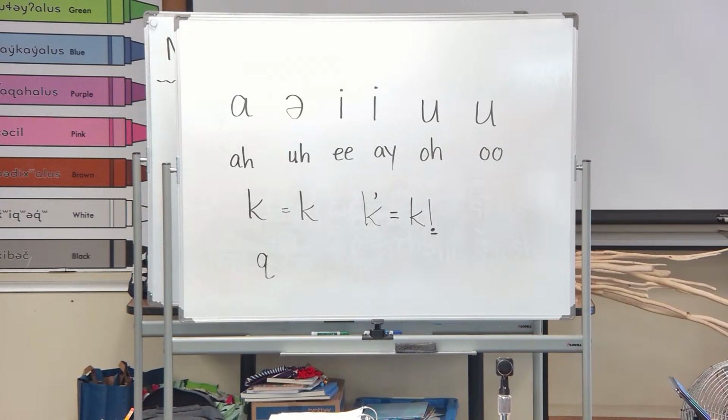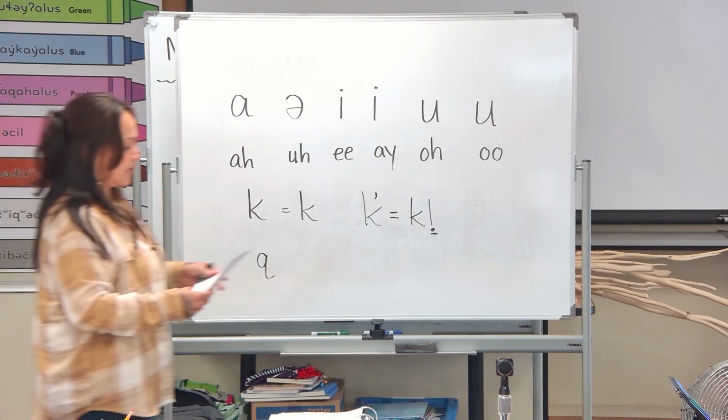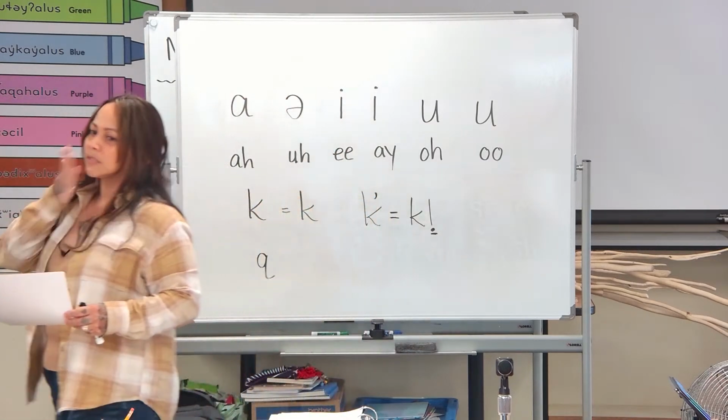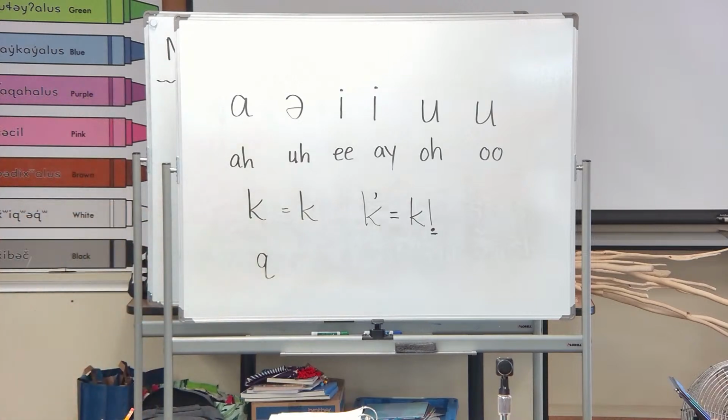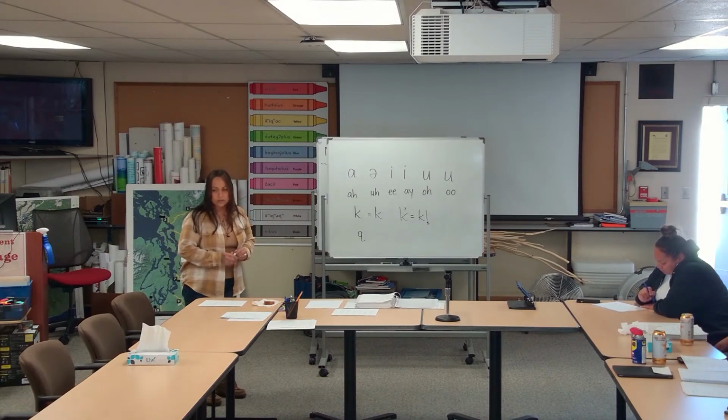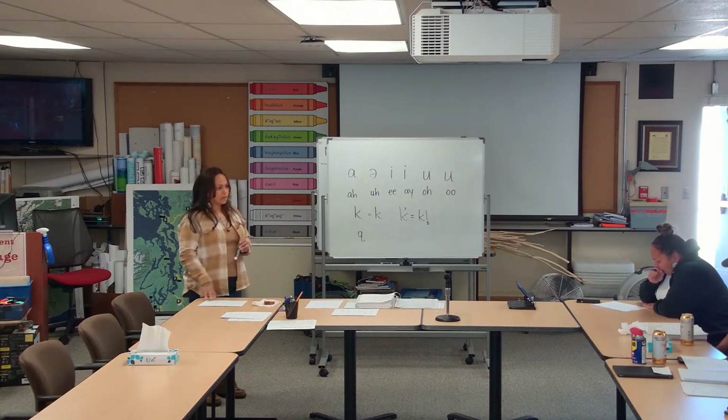A, E, A, O, U. So it's coming from the front. A, E, A, O, U. Regular K, the top line. Ka, ka, ki, ke, ko, ku.